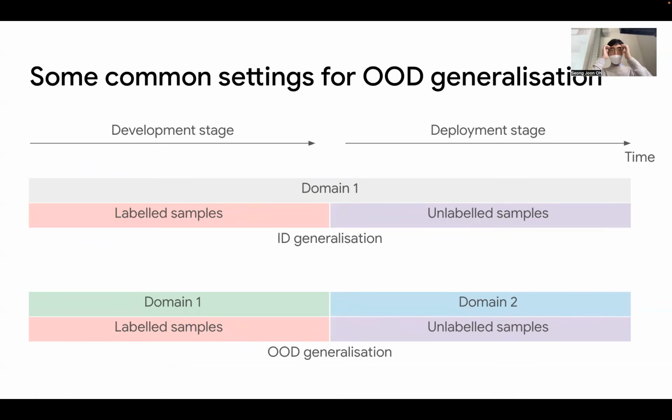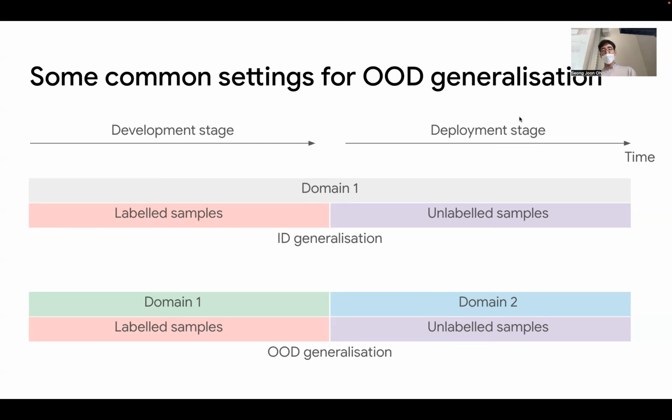Now, let's talk about different settings in OOD generalization, having established all the terminologies here. So there's time axis, development first, and then deployment, okay? And again, ID generalization means you have the same domain all the way through. And you have label samples, of course, for development.